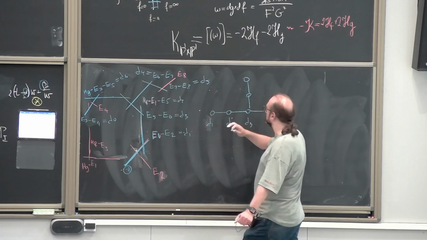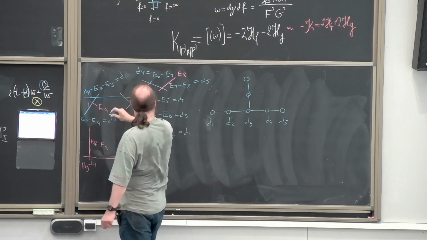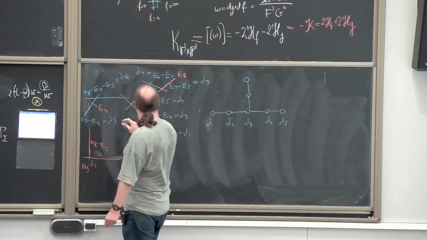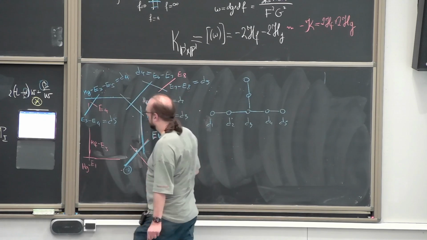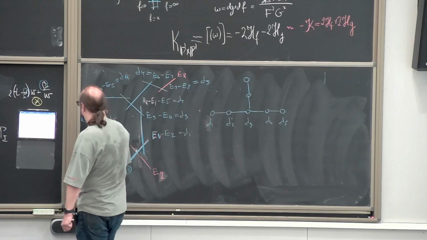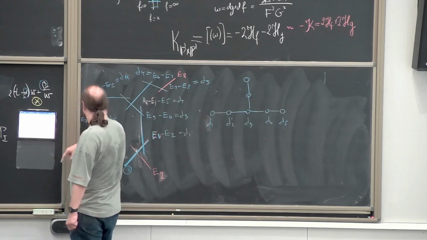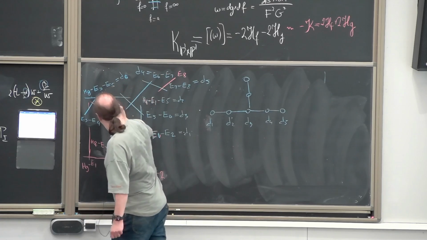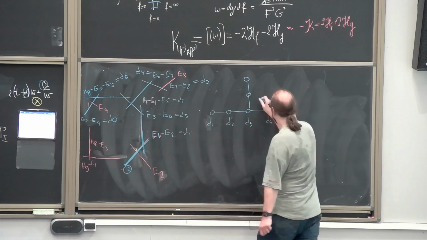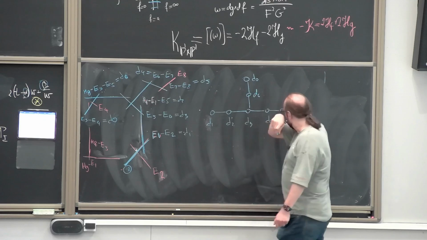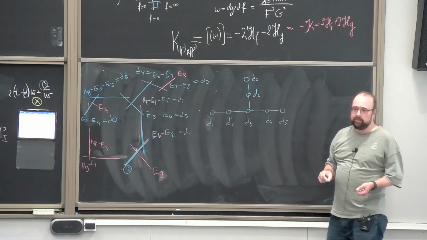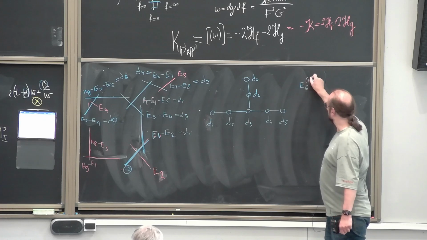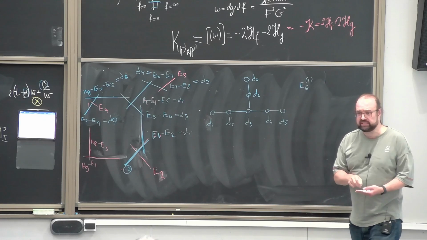I'll leave it like this. Doesn't matter. Okay? So if you look at this diagram, many of you will recognize that this is what is known as an affine Dynkin diagram A6.